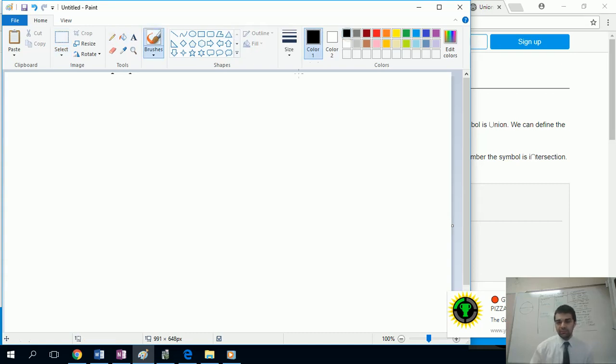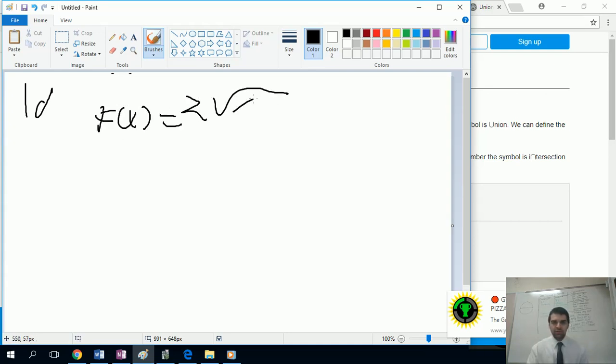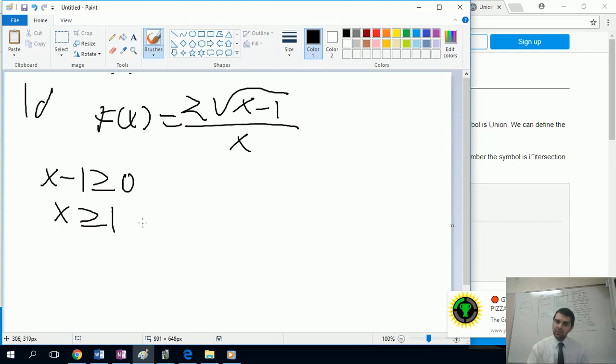Let's go. 1d. F of x equal to 2 times the square root of x minus 1 over x. X minus 1 has to be greater than or equal to 0.